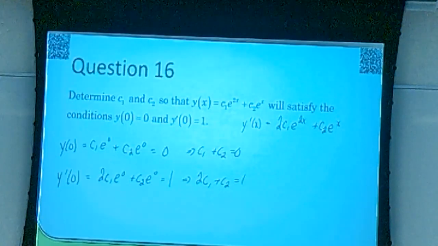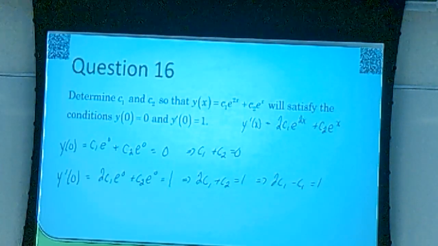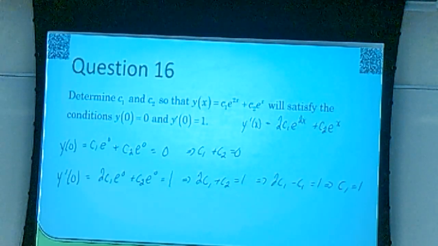And this is, again, a fairly straightforward system to solve. C1 has to be negative C2. C1 has to be 1, which immediately means that C2 has to be negative 1.